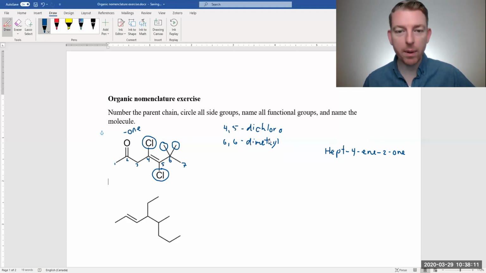Okay, and so now what about these side groups? How are we going to put those in front? So we do those alphabetically by the group itself. We can ignore the di part and just look at the chloro or the methyl.